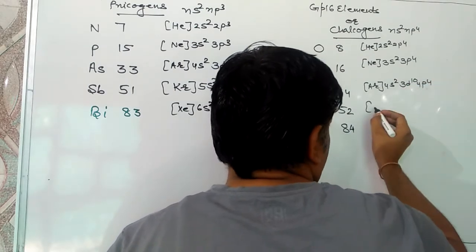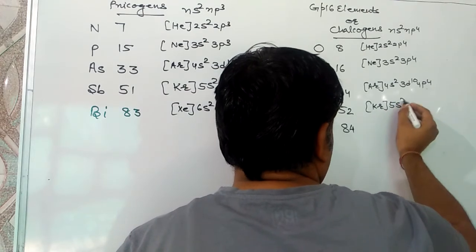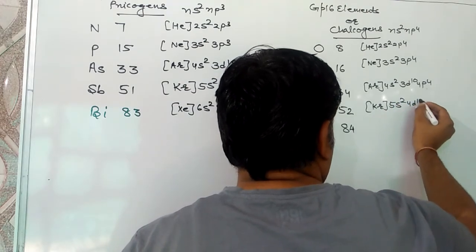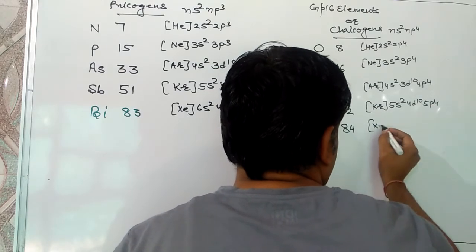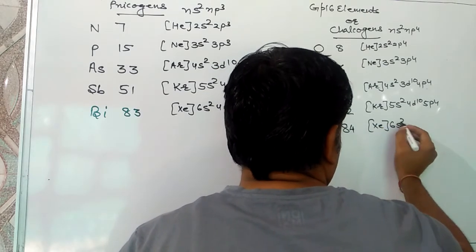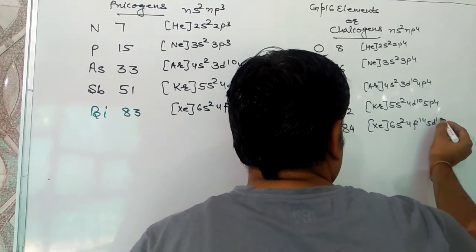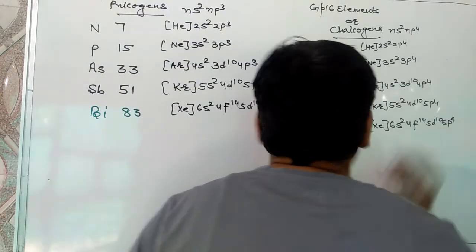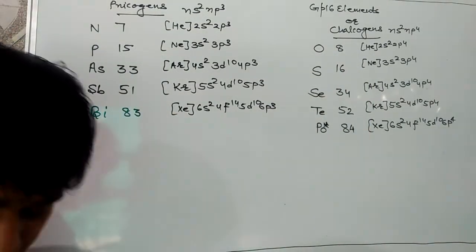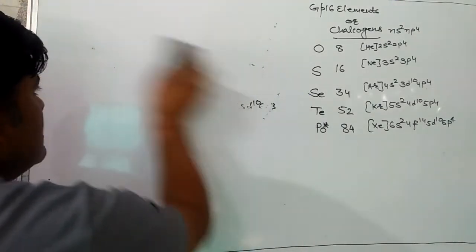For tellurium, krypton 5s2 4d10 5p4. For polonium, xenon 6s2 4f14 5d10 6p4.